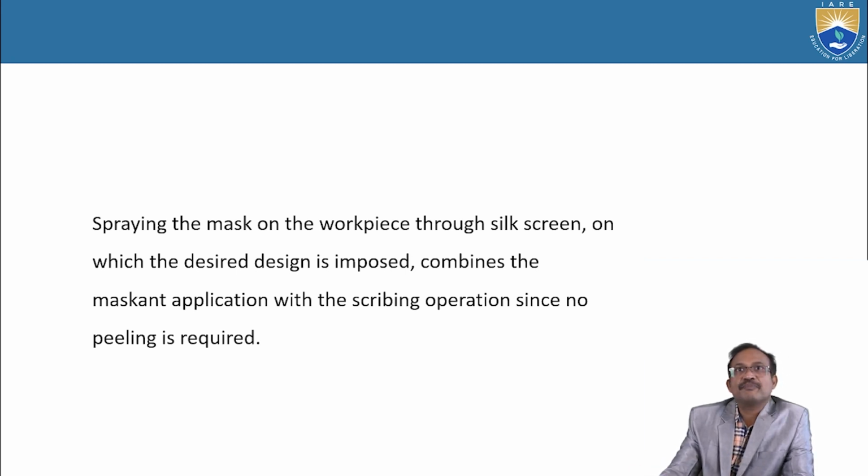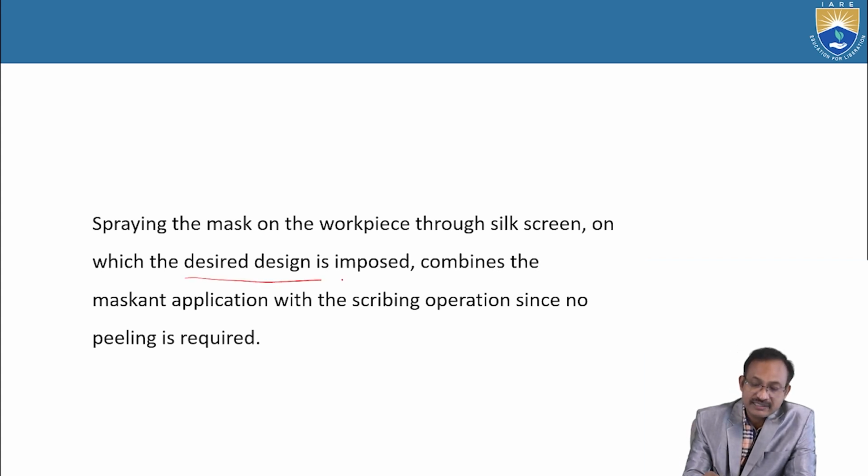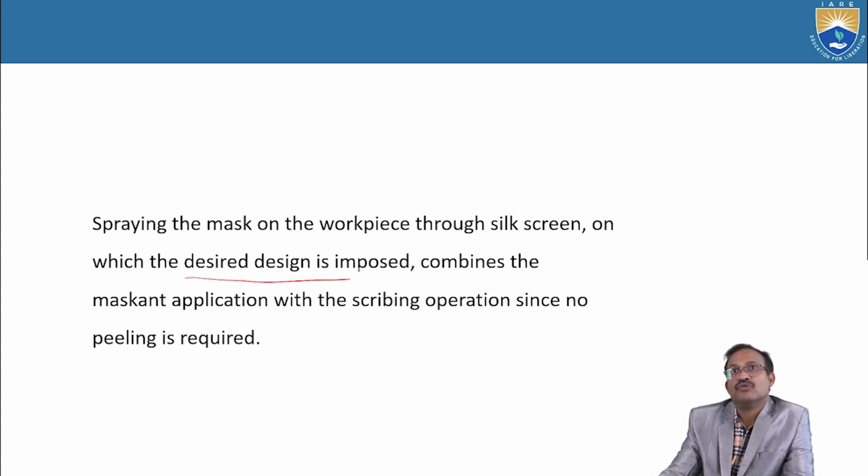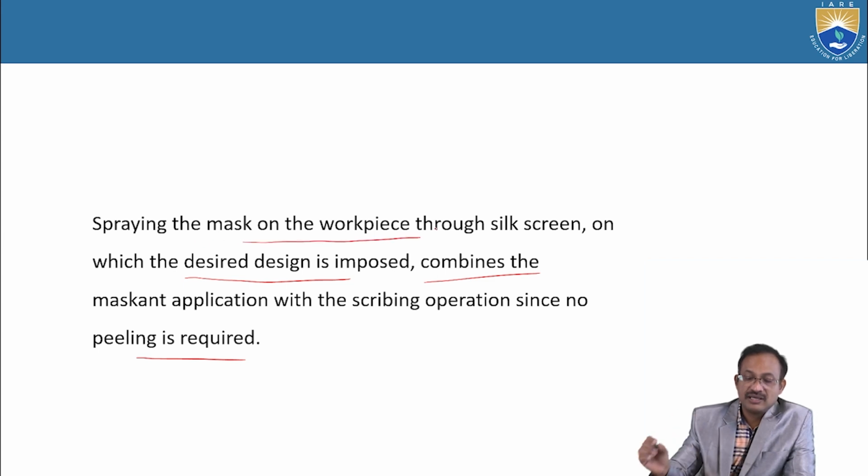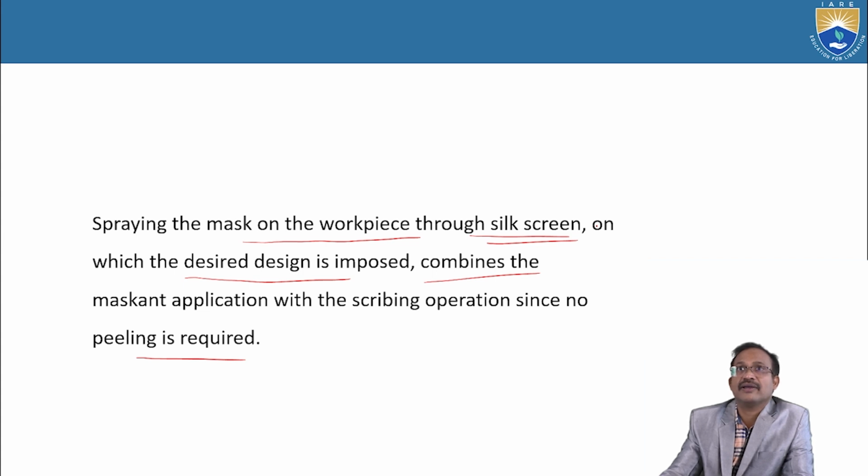Spraying the mask on the workpiece through a silk screen on which the desired design is imposed combines the masking application with the scribing operation since no peeling is required.